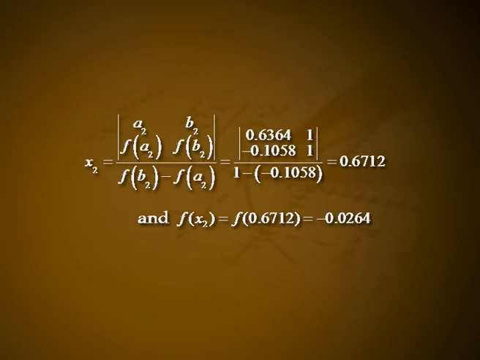Then we have the following: x2 = determinant of (a2, b2; f(a2), f(b2)) divided by f(b2) - f(a2), that is equal to determinant of (0.6364, 1; -0.1058, 1) divided by 1 - (-0.1058), that is equal to 0.6712, and f(x2) = f(0.6712), that is -0.0264.